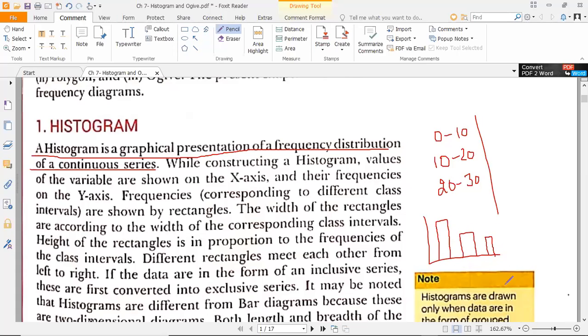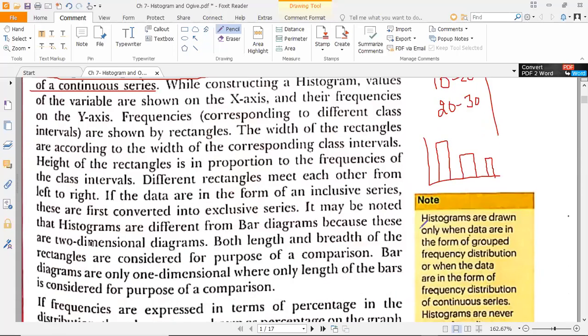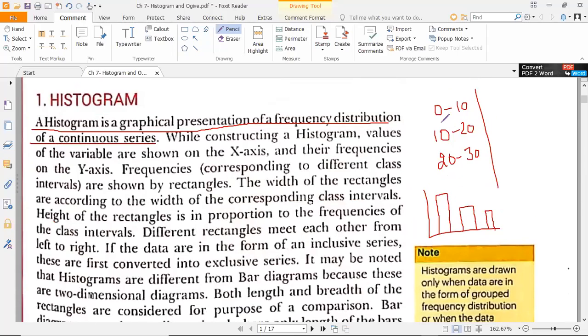Like this, it was happening in bar diagrams. But over here, we do not have the individual values like 10, 20, or 30. Over here, what we are having actually is the class intervals. So what will we be doing? We'll be making a histogram.